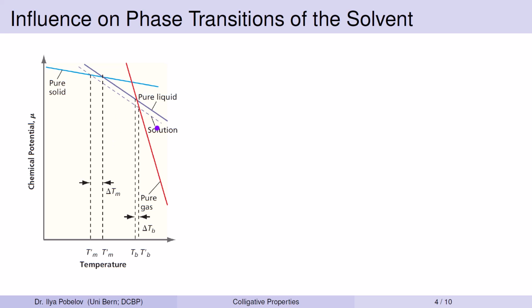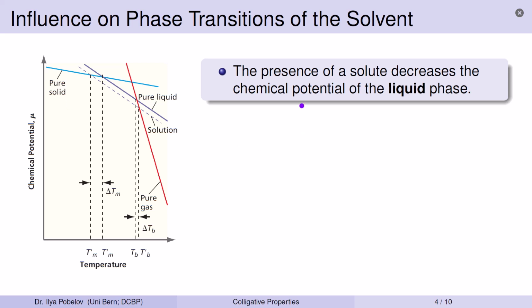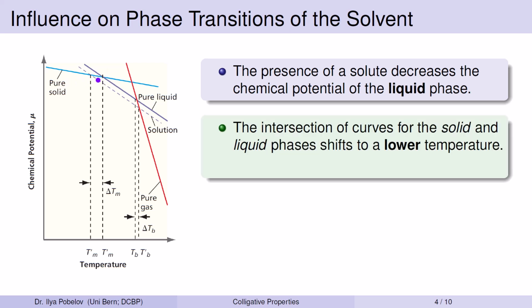Now, let's introduce a solute to the pure solvent. The presence of a solute affects the chemical potential of the liquid phase, causing it to decrease. What does this shift in the liquid phase's chemical potential imply for the phase transitions? The intersection of curves for the solid and liquid phases now occurs at a lower temperature due to the added solute.